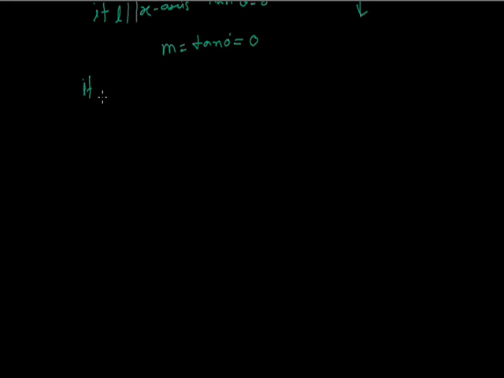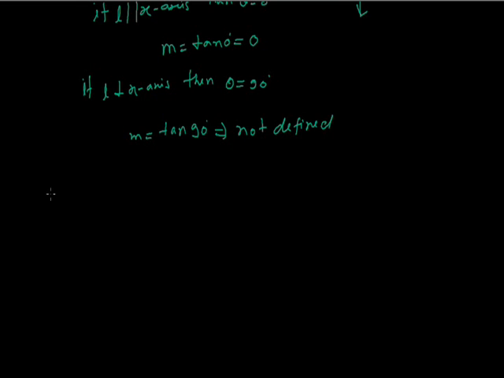Similarly, if line L is perpendicular to x-axis, then theta is equal to 90 degree. So here m is equal to tan 90 degree, which is not defined. So we can say that the slope of y-axis, because y-axis is a line which is perpendicular to x-axis, is not defined.